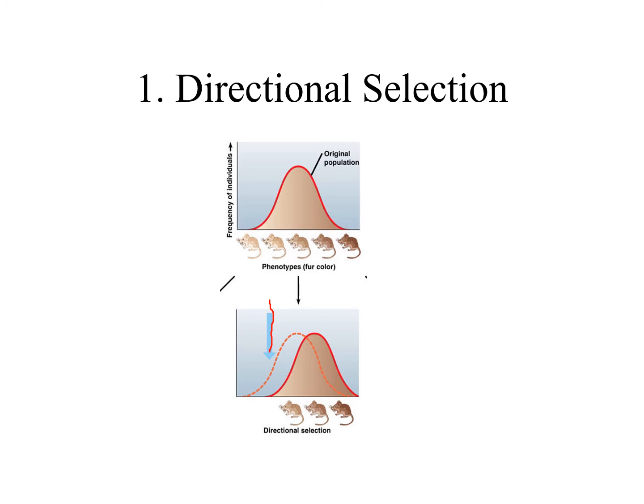More of the individuals inherit the alleles that cause darker fur color, and the population gets darker. That's the adaptation. In this case, being darker, let's say they're living on a dark substrate and it's harder for predators to see them. So remember, natural selection is driven by specific selection pressures, things like predation.